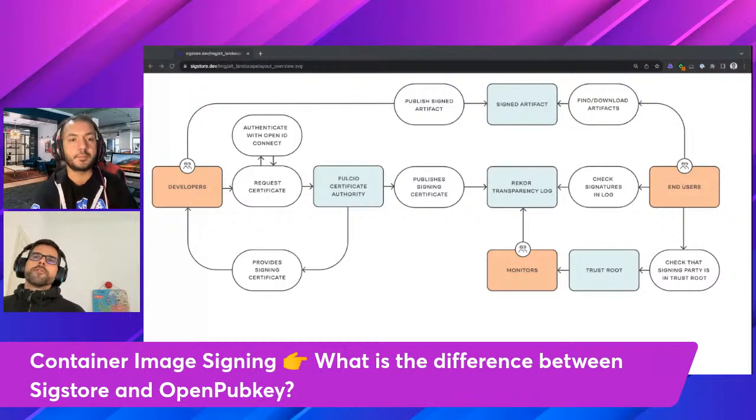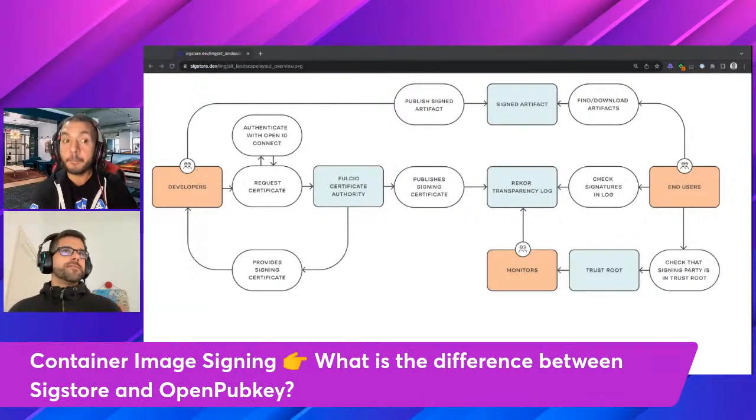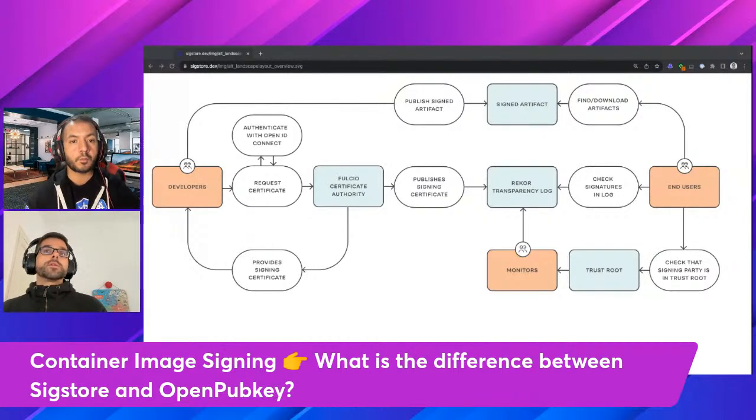Yeah. So the main difference, in my opinion, is that OpenPubkey uses ID tokens instead of the signed certificates that Fulcio provides as a CA. In a production environment, if we think of a production-ready OpenPubkey approach, we will need to trust additional services to handle revocation and verification of all signatures, and also the revocation of the OIDC provider public keys.